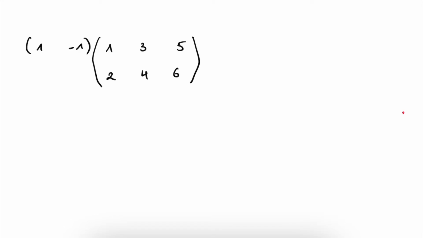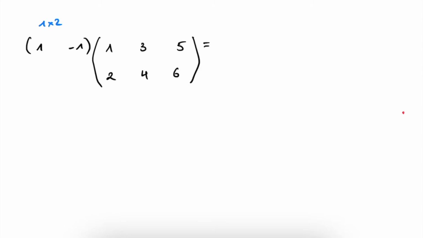Let's go to the next exercise, which is the matrix 1, minus 1 multiplied by the matrix 1, 3, 5, 2, 4, 6. And again, the first step is to identify the shapes to see whether we can do this multiplication. So we have 1 times 2, 1 row and 2 columns.